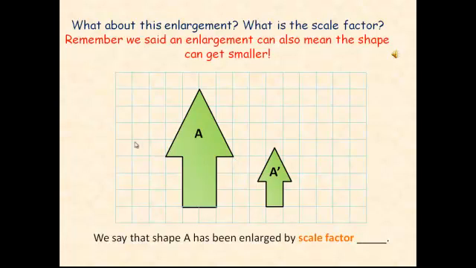So here 2 squares, but now I have 1 square. So I divide it by 2. 2 divided by 2 gives me 1. 1, 2, 3. 3 divided by 2 gives me 1.5. That means the scale factor here is half.